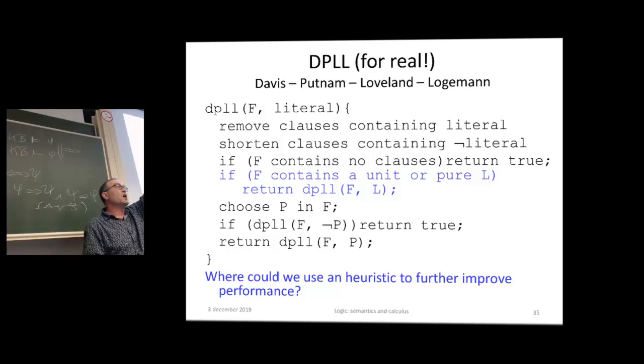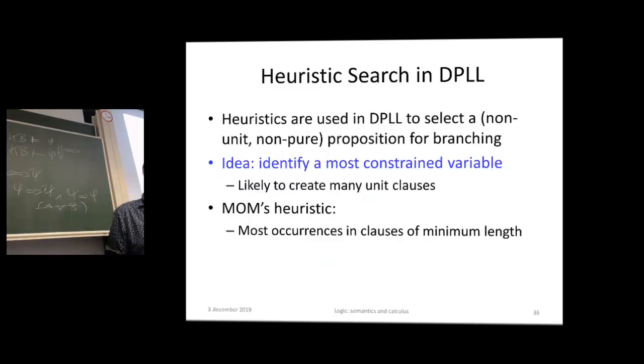As we've seen before, the choice of which variable to start with is something where we can use heuristics. One of the ideas for using is called, for example, the MOM heuristic, where you say the most occurrences in clauses of minimal length.